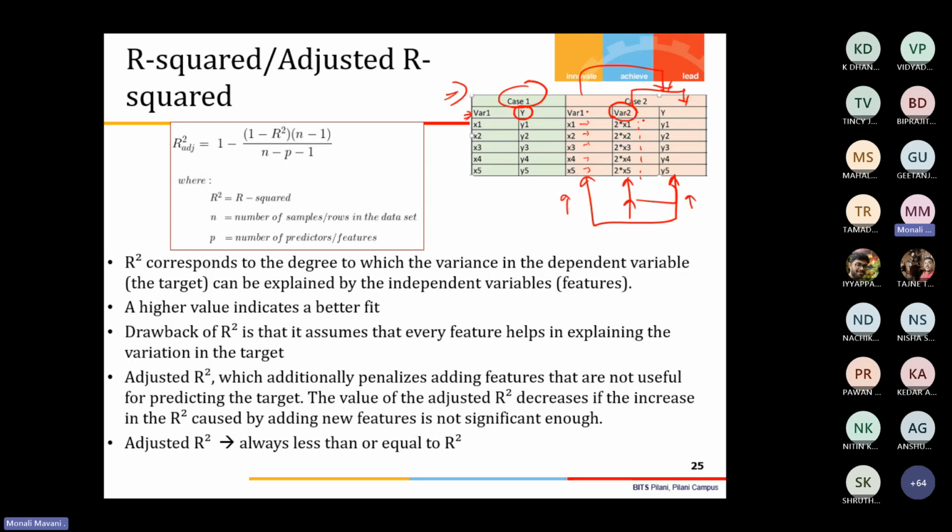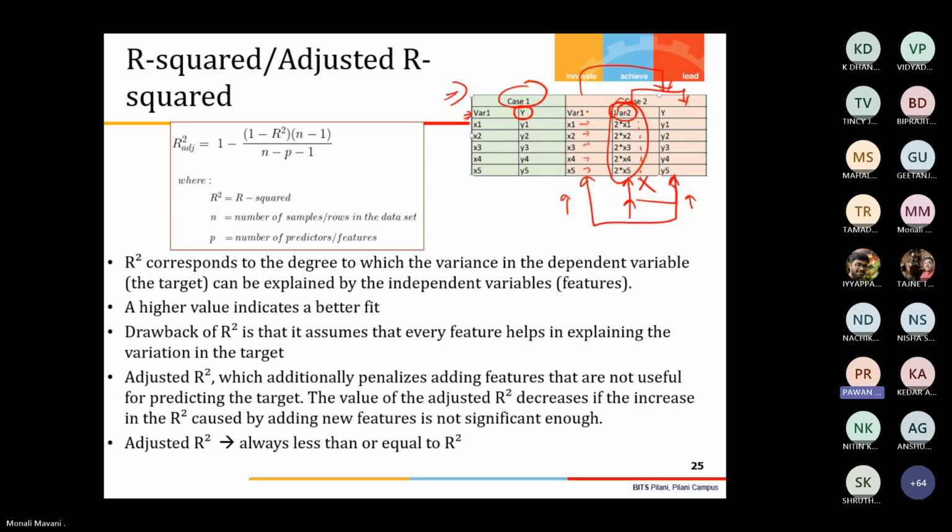That's what we mean: when we are increasing features, we need to check that increasing the features is actually improving the prediction. If not, that increased feature is of no value. So you may find such features in your data set where the correlation is very high. If I want to find the correlation between variable 1 and variable 2, can I say the correlation between 1 and 2 is very high?